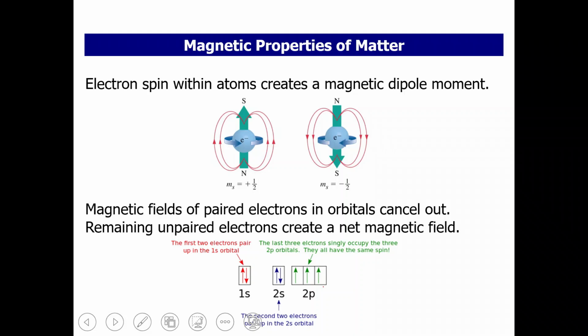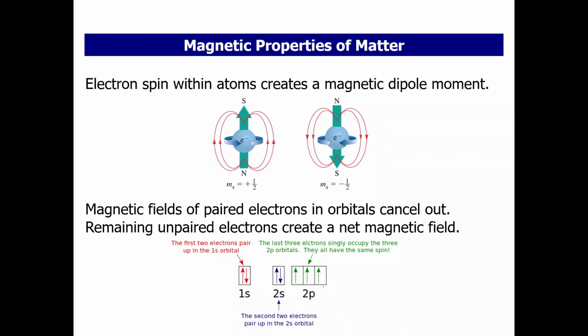For example, you might have seen orbital notation in your chemistry class. When you fill orbitals, you fill them with up arrows first, and then when you run out of arrows, you come back and pair. So this example is for an atom with 7 electrons. So this is actually nitrogen.